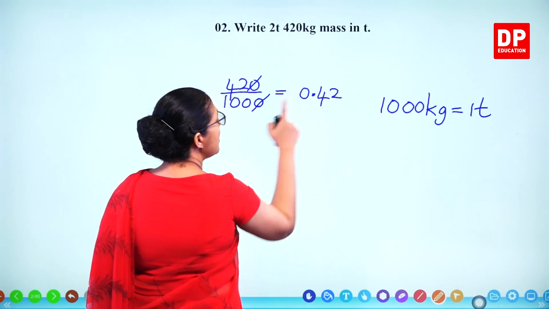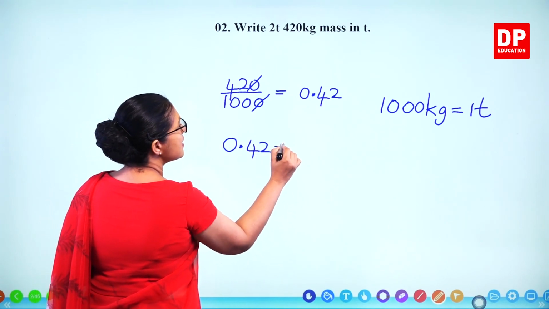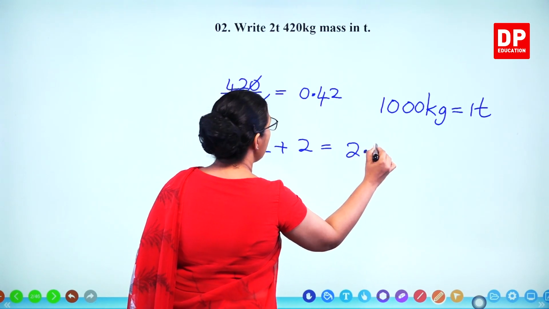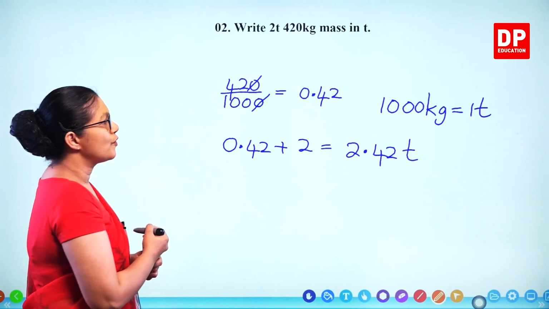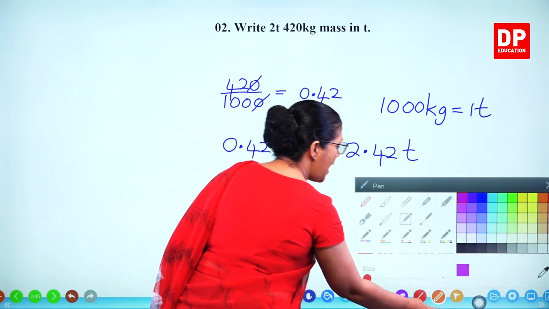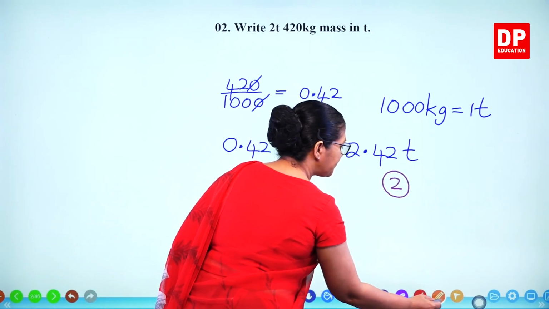That means 0.42 tons and 2 tons altogether 2.42 tons. So only the kilogram part you can convert to tons and then add it to the tons part. So you get 2 marks there.